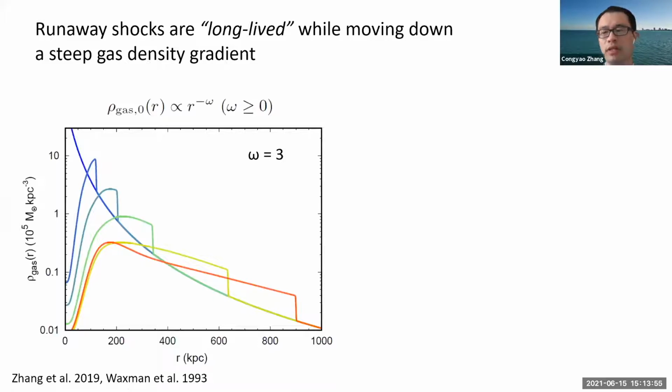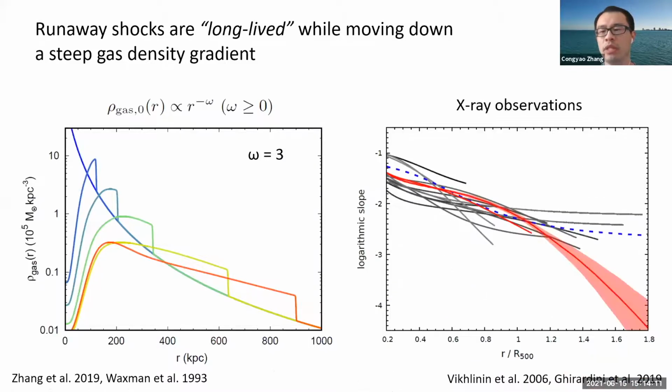In our study, we found that generally speaking, if the gas density profile of the atmosphere is steeper than r^-2.3, the runaway shocks could maintain their strength over a large distance. So this is a theoretical prediction. In this red panel, I show you some observations.